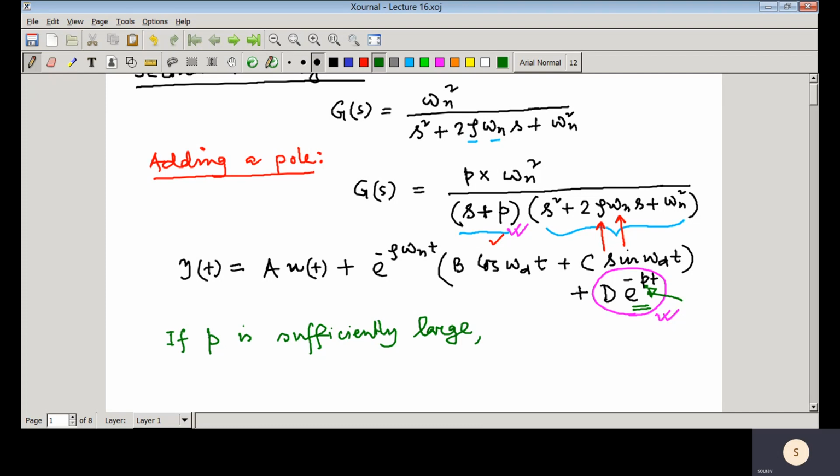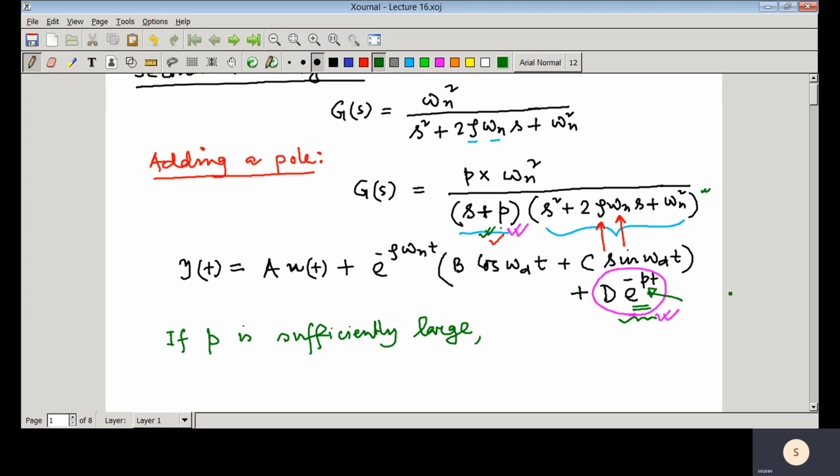That means the effect of that pole on the time response would be negligible. And if we keep on increasing p, that means the newly introduced pole of the transfer function is moved along the left direction, placed far away from the origin, or in other words if p is large, then the effect of this particular pole would be negligible.